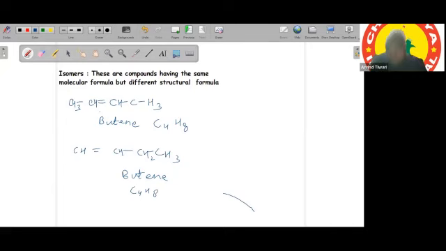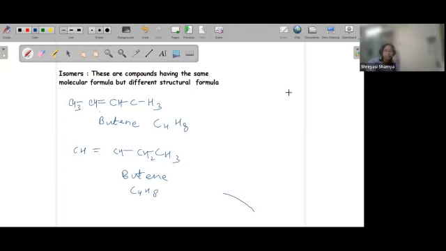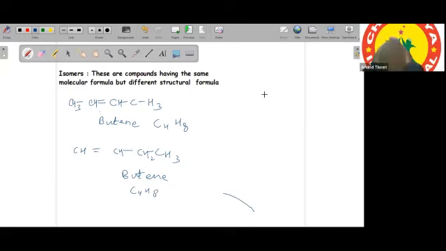Got it? Sir, how many total isomers will be there for C4H8? For C4H8, you can make some others also like this. And see, CH2, CH3, CH3.